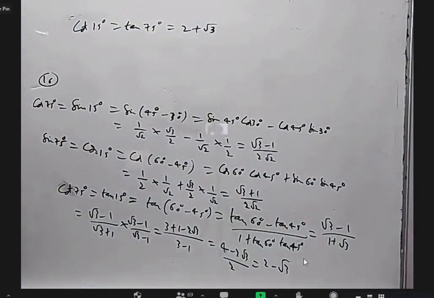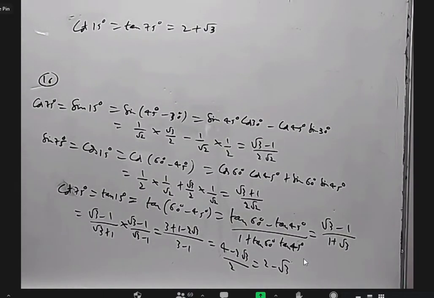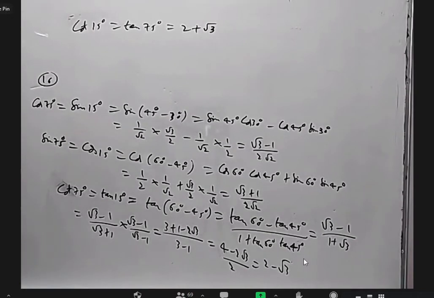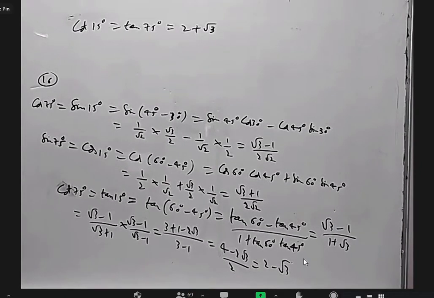Maybe in physics, in some places you use sin 37 as 3 by 5, cos 37 as 4 by 5, something like that, right? Yes, sir. Those results are approximate, they are not exact. Sin 37 is not exactly 3 by 5. You know that? It is not exactly 0.6. Sin 37 degrees is very close to that.